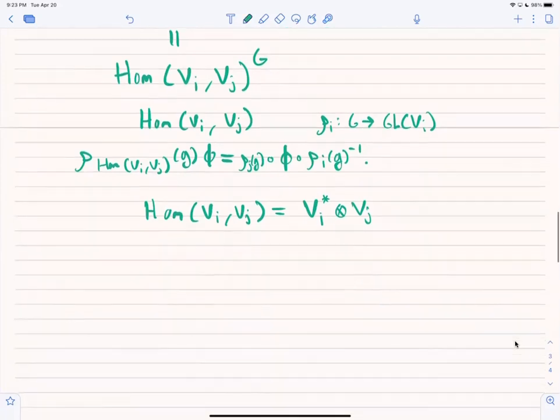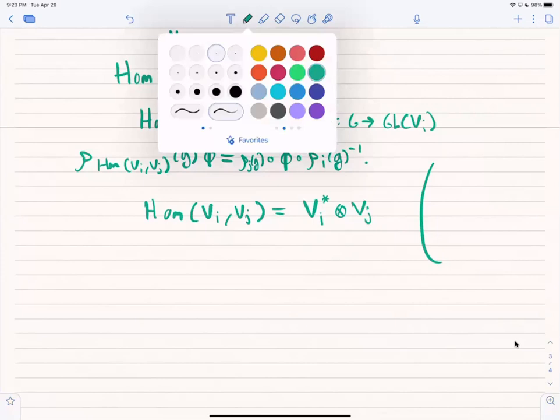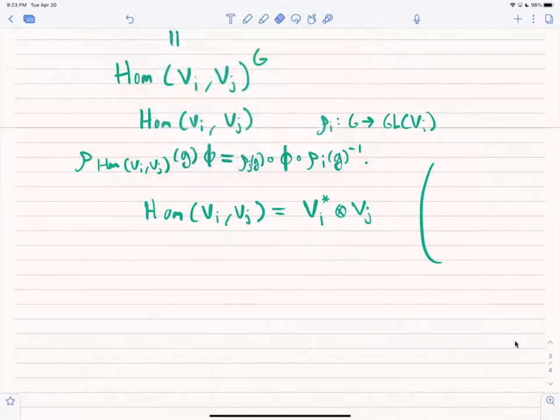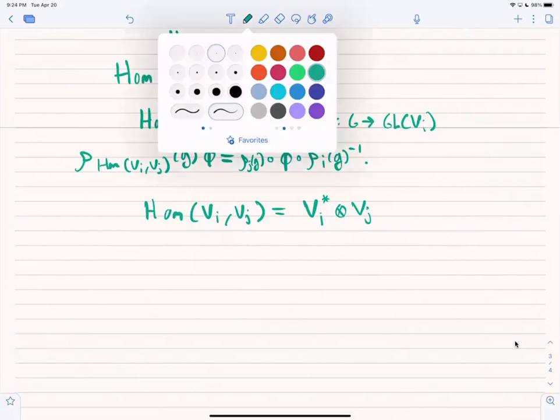This identification is described on simple tensors. Let me write this for general vector spaces, so I don't make the notation too confusing with these different letters.